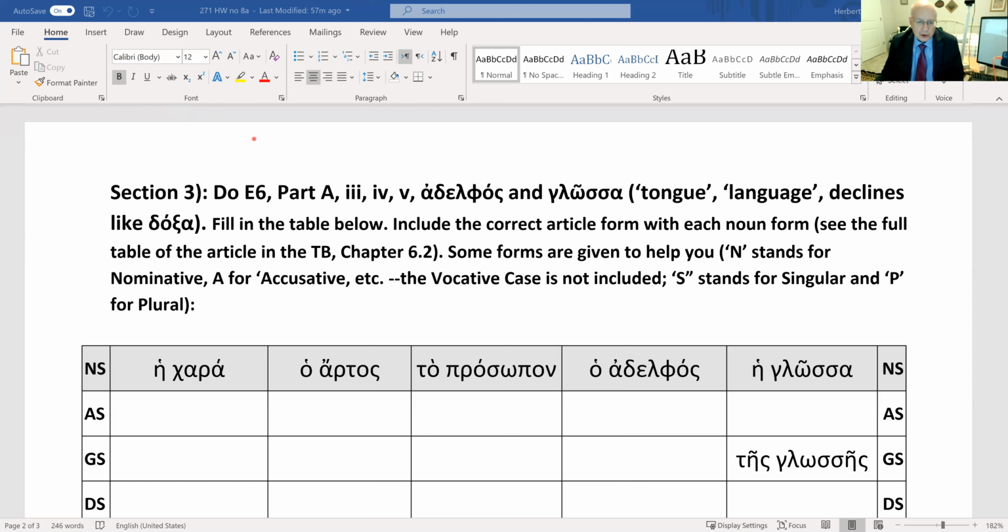Ecclesia, church. Entole. So again, we have an alpha and an eta first declension noun, church and commandment. Exousia, authority. Epangelia, promise.